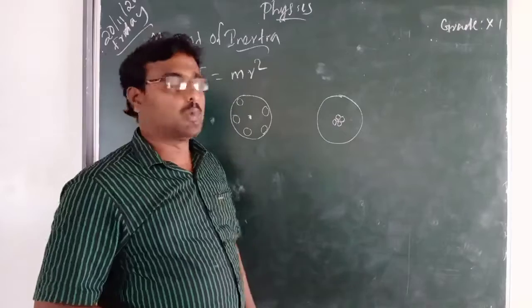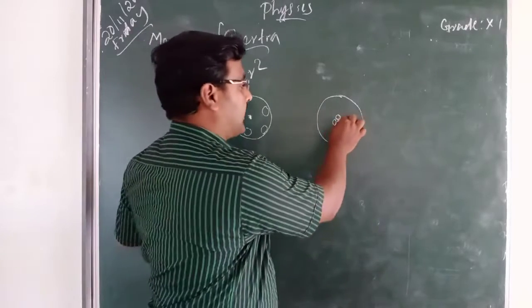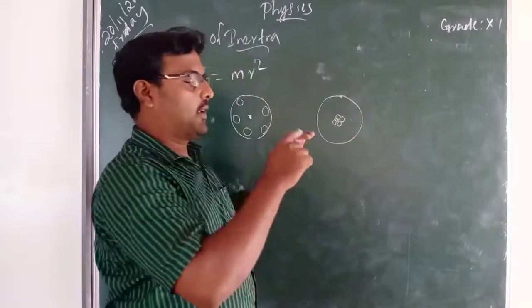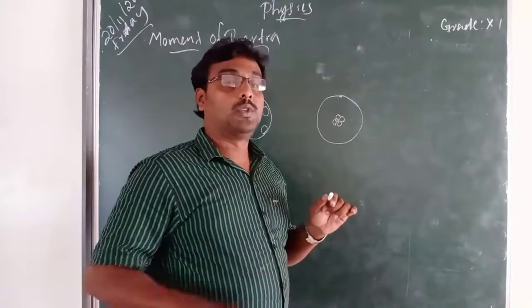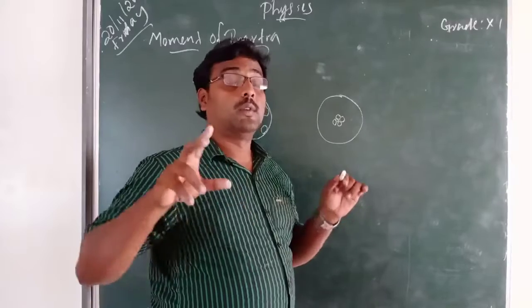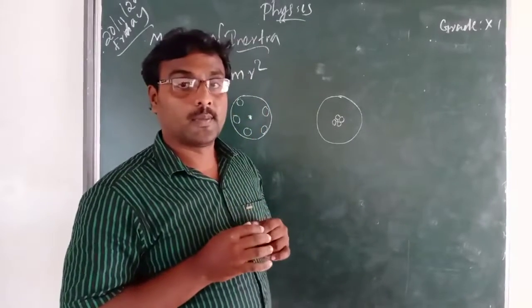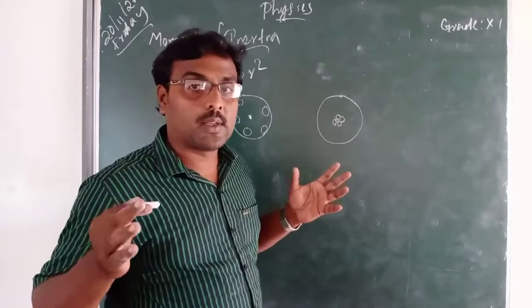Now, assume that you are placing a stick inside this, and you are allowing it to rotate. Which one will rotate fast and which one will rotate slow? Which one will rotate faster?